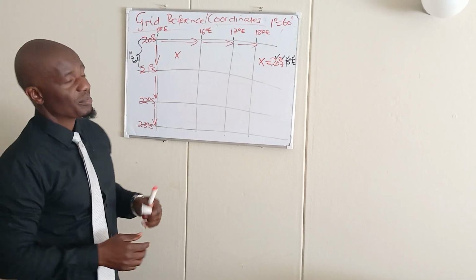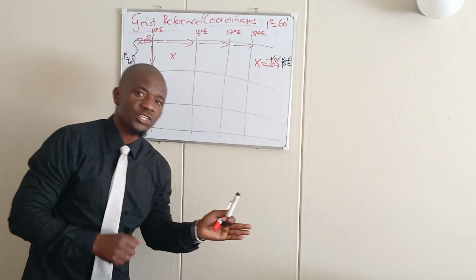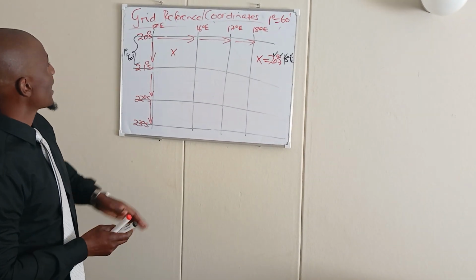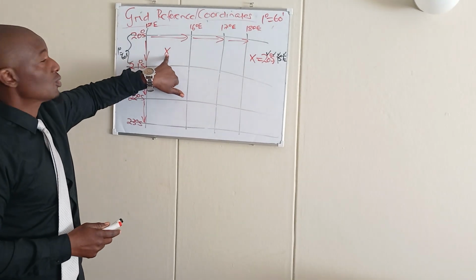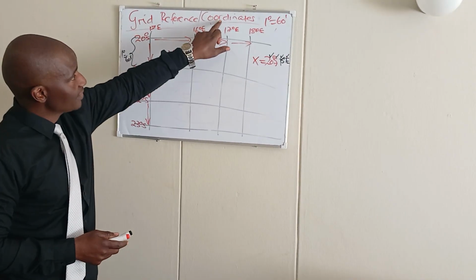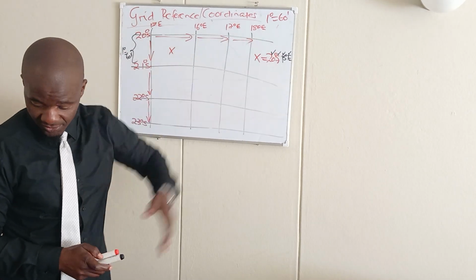Because under coordinates, you can be asked to write your coordinates in terms of the degrees, the minutes, and the seconds. So this is what I'm going to do now. I'm going to write the coordinates of X in terms of degrees and also the minutes.